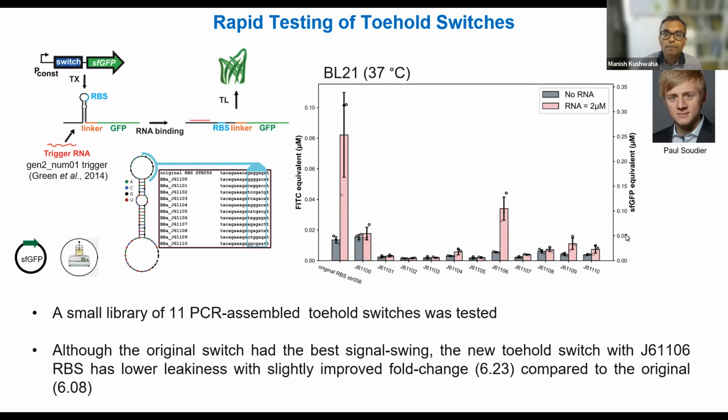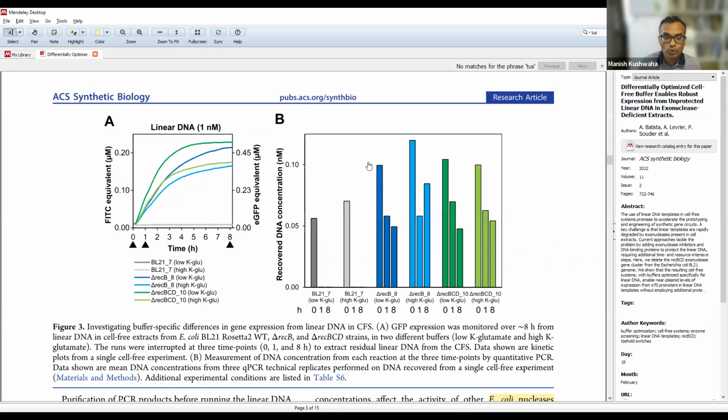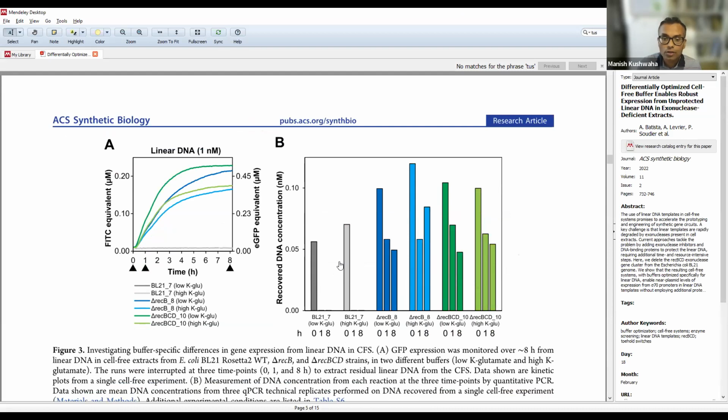Okay, I'm going to switch my screen share and then I'll come back to that. Sorry about this. Right, I hope you can see my current screen. Are you able to see my current screen? Yep, we see the ACS Synthetic Biology paper.